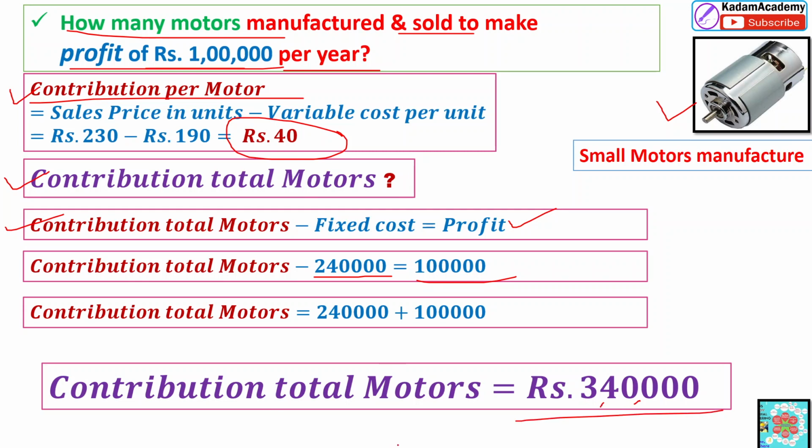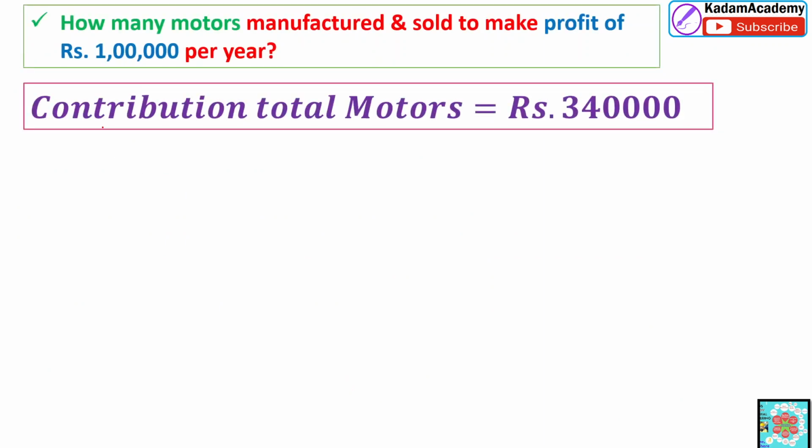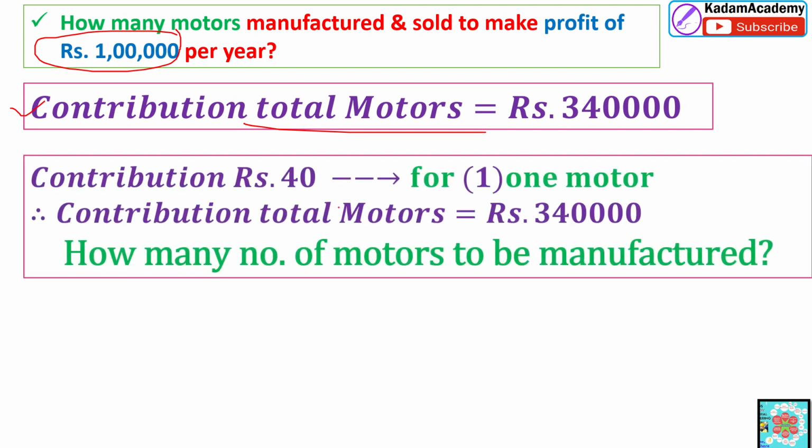Once we have found the total contribution of 3 lakh 40,000, how many motors do we need for 1 lakh rupees profit? The contribution is 40 rupees for one motor. Then for 3 lakh 40,000 contribution, how many motors?